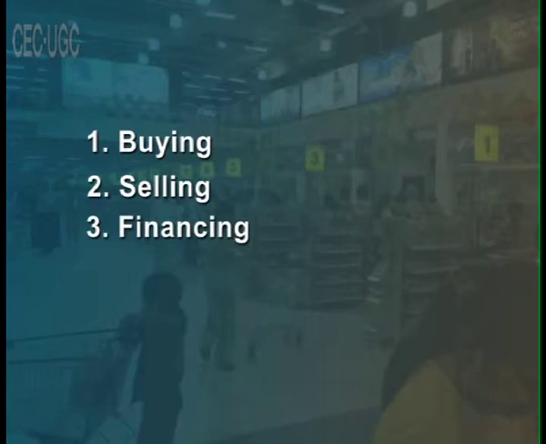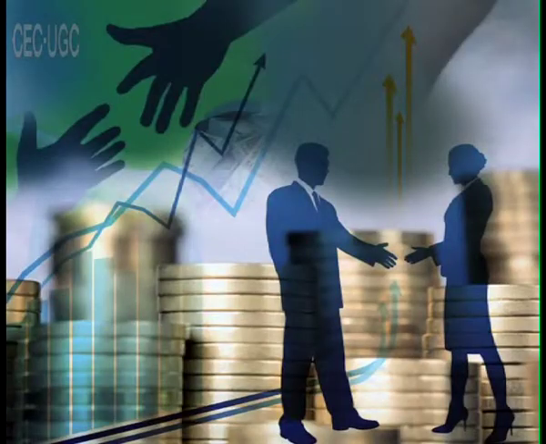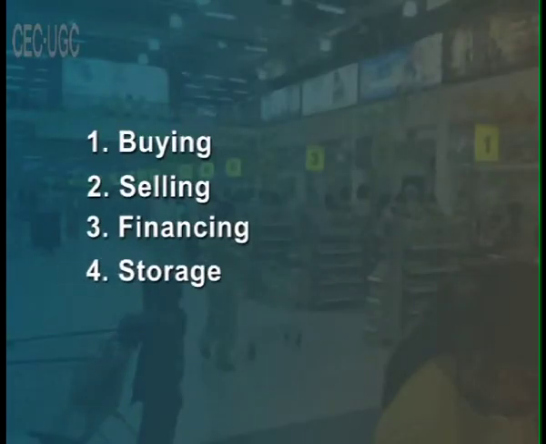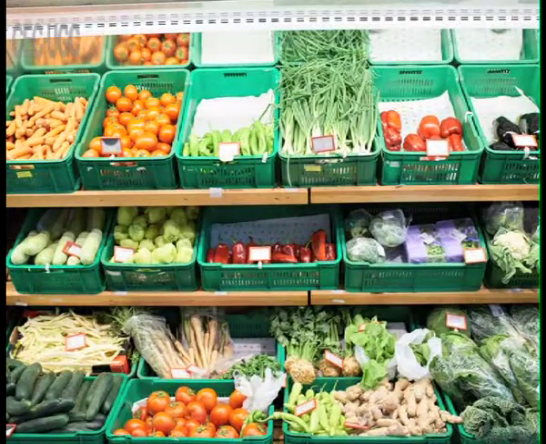Third, financing. Banks and other financial institutions provide money for the production and marketing of products. Fourth, storage. Products must be stored and protected until they are needed. This function is especially important for perishable products such as fruits and vegetables.